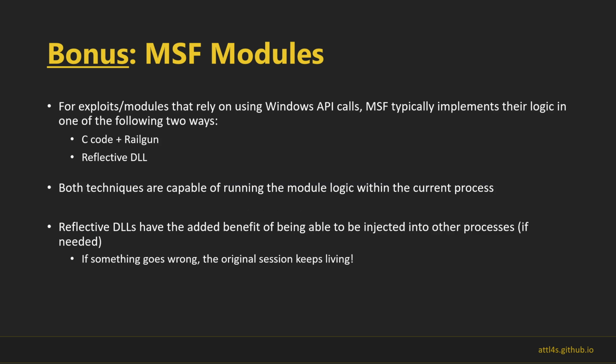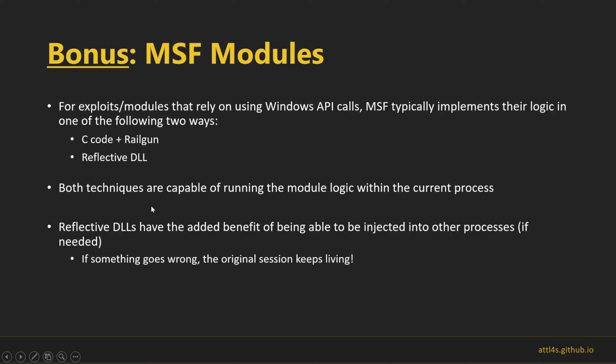Nice. So as a bonus, Metasploit modules. We have seen how MetServer and the different extensions are executed using reflective DLL injection. But of course, Metasploit has a lot of exploits and modules that also use reflective DLL injection. So this framework typically takes two approaches.